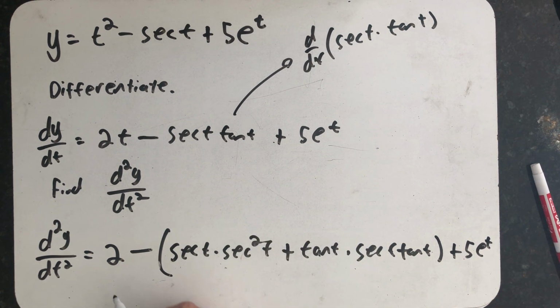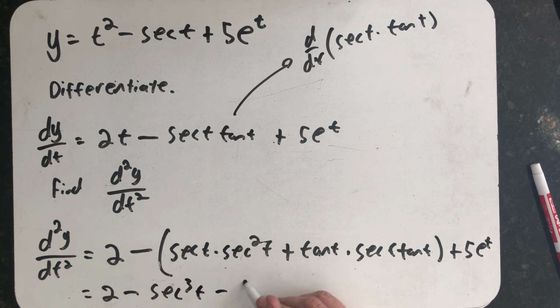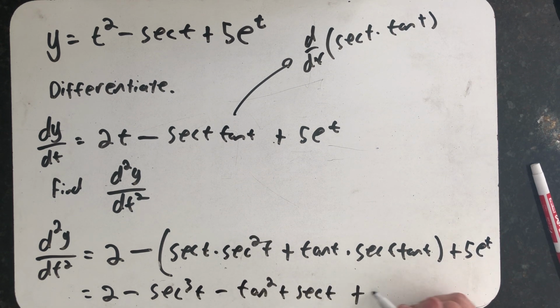So let's see what I can do in here now. That's going to be a secant cubed minus secant cubed, and a minus tangent squared t secant t, plus 5e to the t.